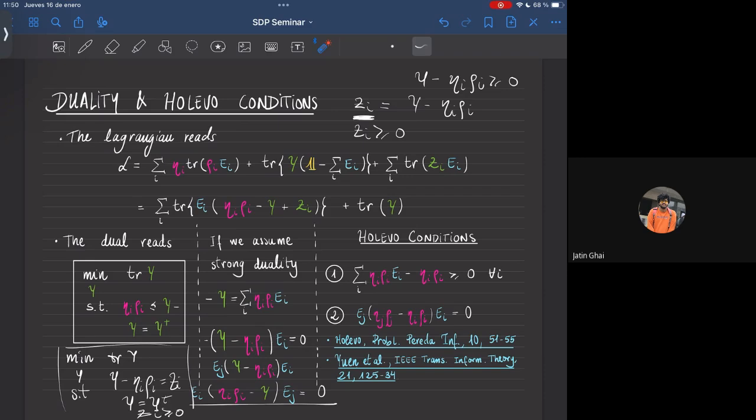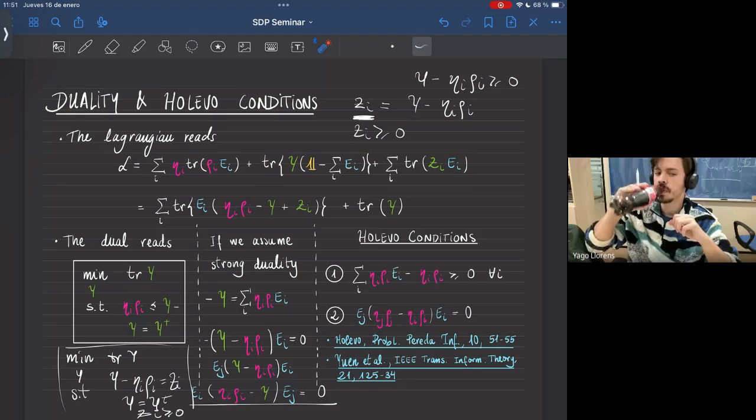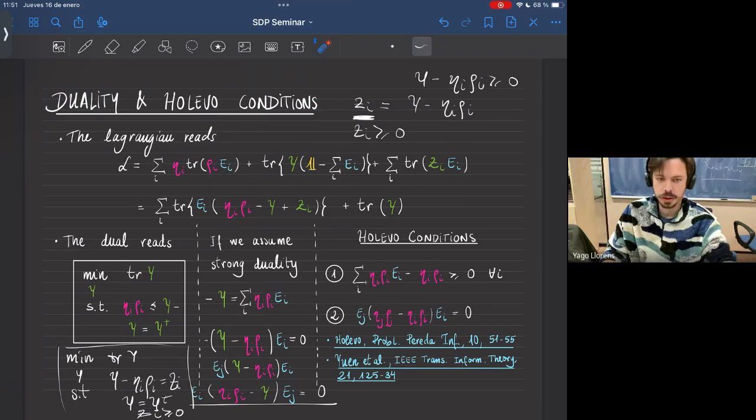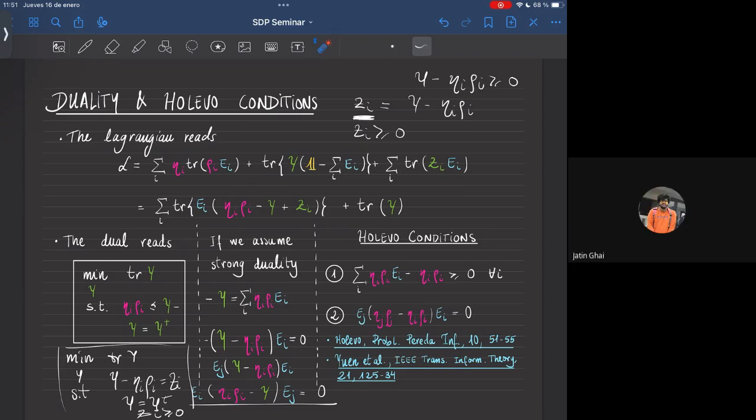Yeah. So this Holevo condition, it's the sufficient condition, right? That is what you're saying? Okay. So this can be derived this way also, but there can be other solutions which can still give you an optimal POVM, but they might not satisfy the Holevo condition. No. If a POVM is optimal, it satisfies the Holevo conditions. Oh, okay.